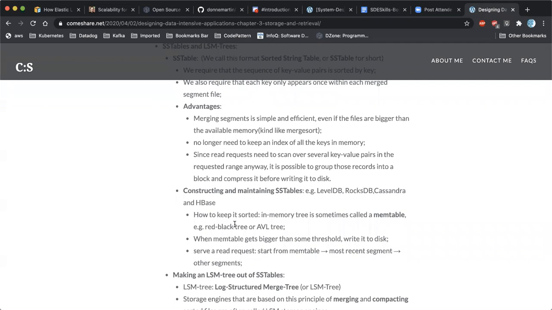And you use the hash table for searching for keys which might not be in your AVL tree, because the AVL tree is only for some 20 or 30 MB of data. Instead of going through the log files, you can use the hash map to find that key. So that hash index is actually to your SS table segment.